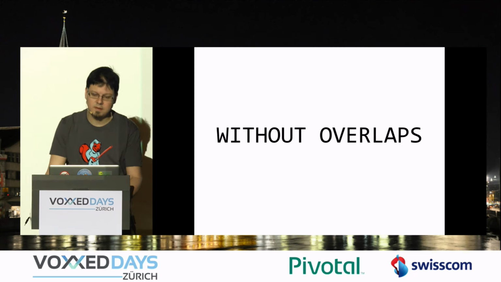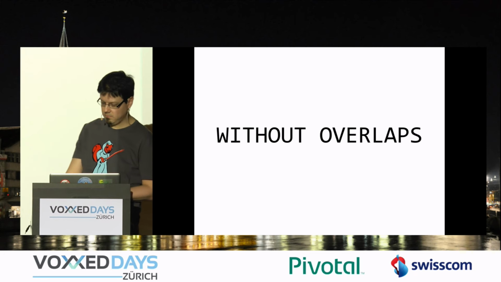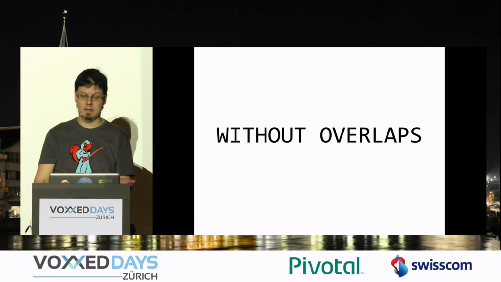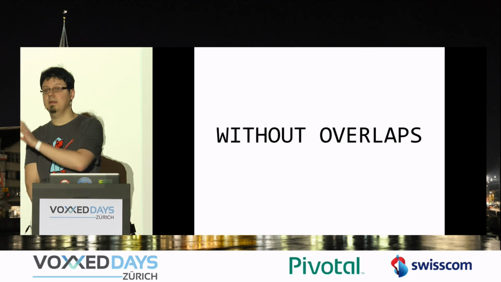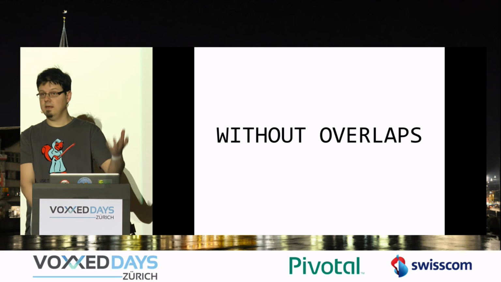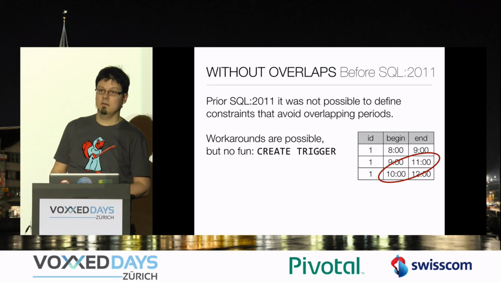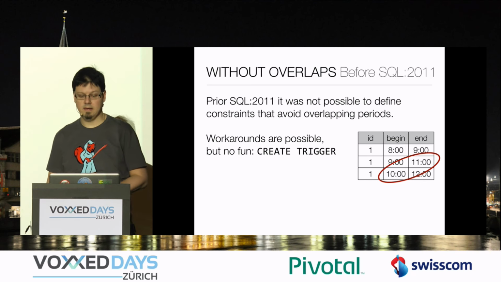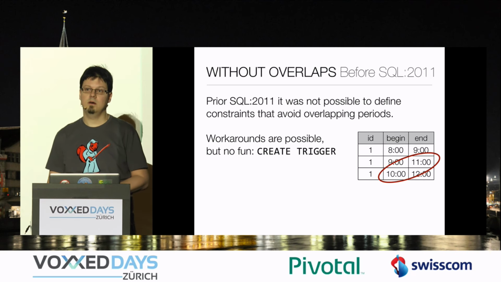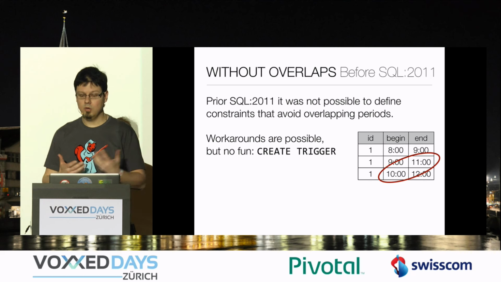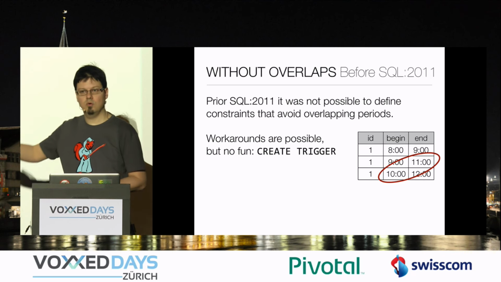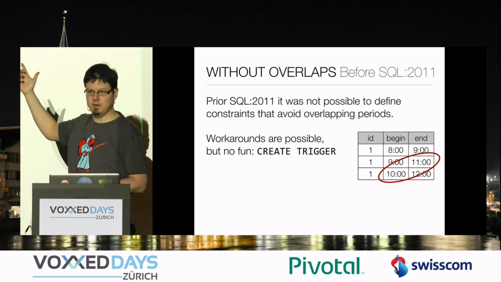Because one of the supporting features, which I skipped right now, is without overlaps. That's actually thought for application version tables, but it's pretty much the same for system version tables. So if you have an ID, and this was your primary key, like ID 1, and now you make that table somehow versioned, then you must make sure that no overlaps, no logical contradictions are possible in this table.